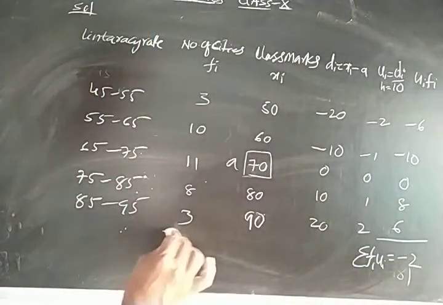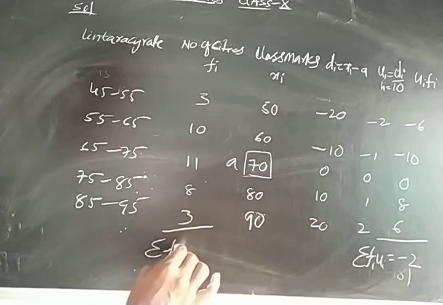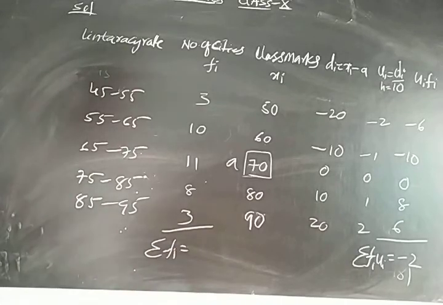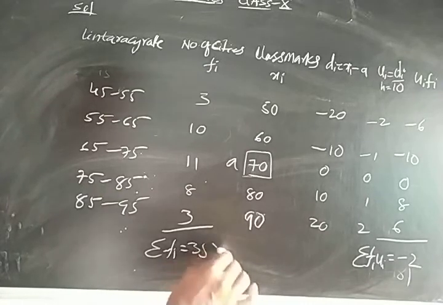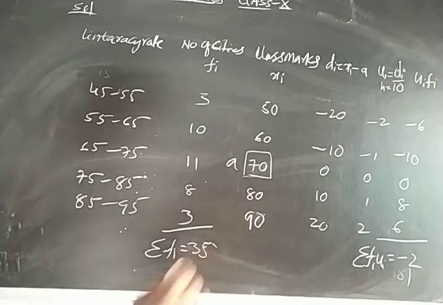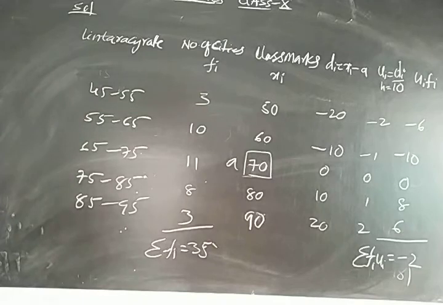And summation fi: 3, 6, 16, 27, 35. Total is 35.